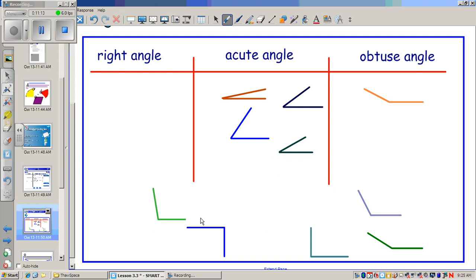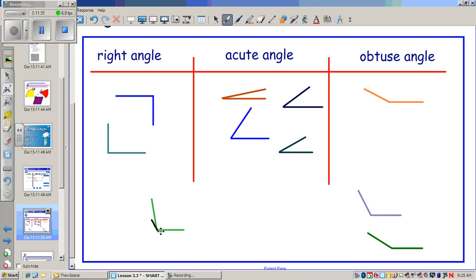This one here is upside down, but I still can see that it forms a right angle. And what about this one? This guy too looks like he forms a right angle. The last three, I know this one is a little bit bigger than a right angle because I can tell that if you drew a line straight up here, oops, I'm going the wrong direction, sorry.